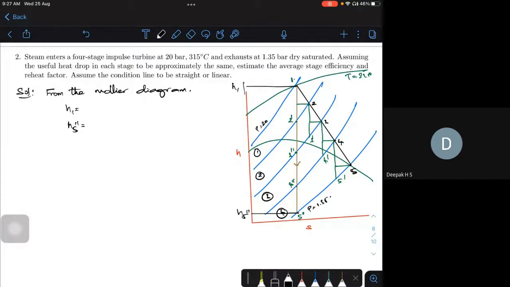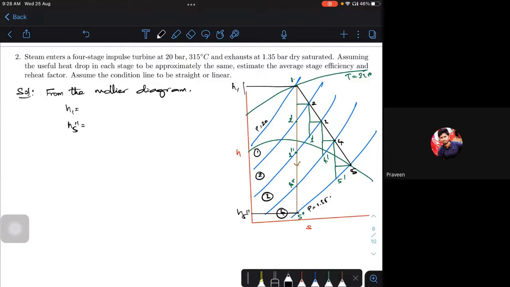Who can tell the values? What happened? Did you get the value or not?